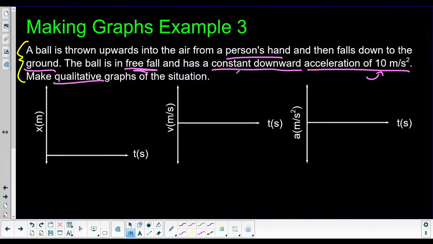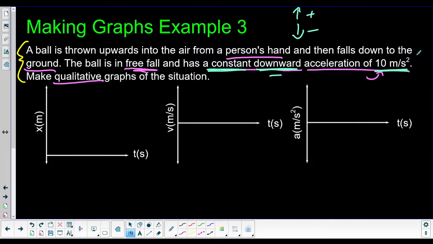It straight up tells us constant downward acceleration. Constant meaning horizontal graph. Downward, we'll take down to be the negative direction and up to be the positive direction, as all things should be. So we'll say that that's negative.